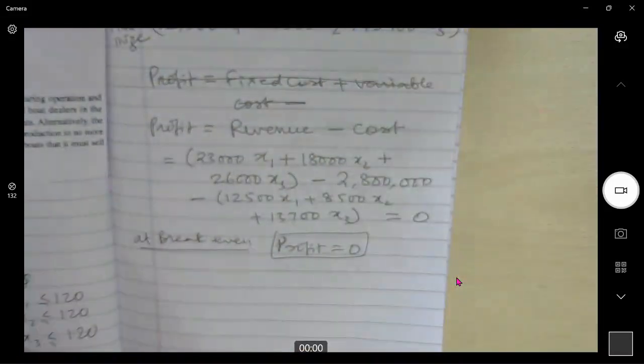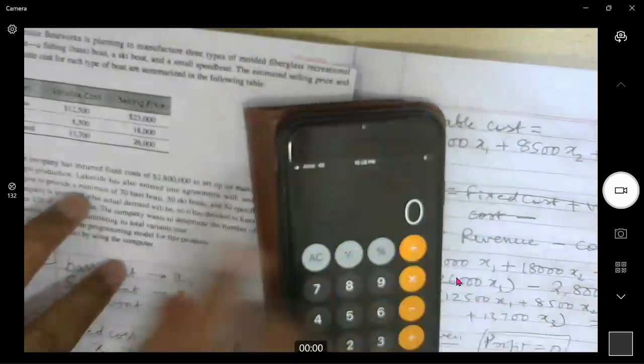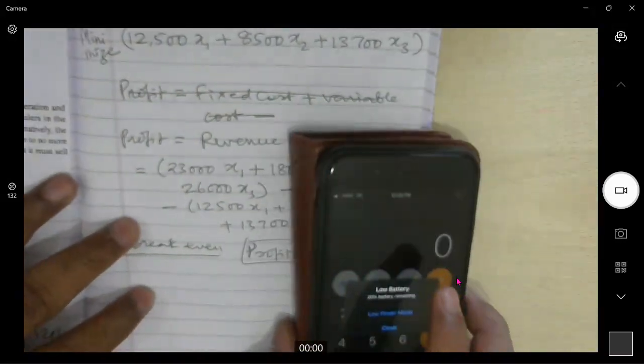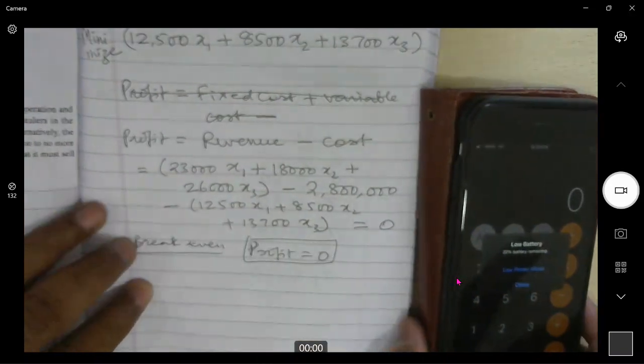Let me open the calculator. So here, selling minus variable, so 23,000 x1 minus 12,500 x1.